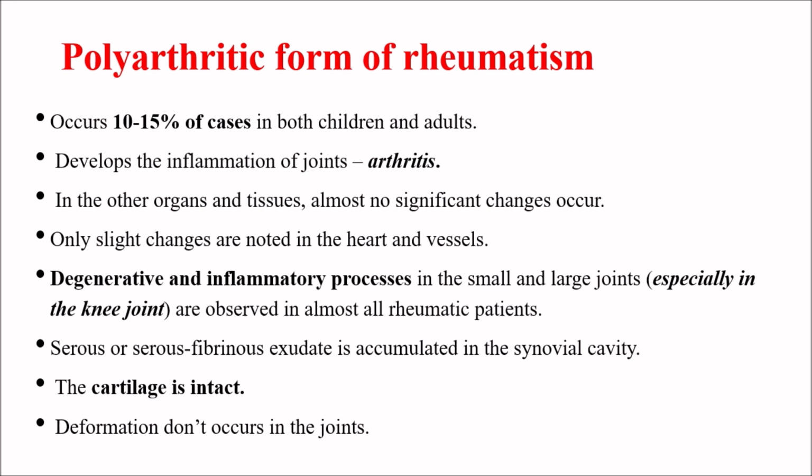Only slight changes are noted in the heart and blood vessels. Degenerative and inflammatory processes in the small and large joints, especially in the knee joints, are observed in almost all rheumatic patients. Serous or serous-fibrinoid exudate is accumulated in the synovial cavity. The cartilage is normal here, and deformation does not occur in the joint.